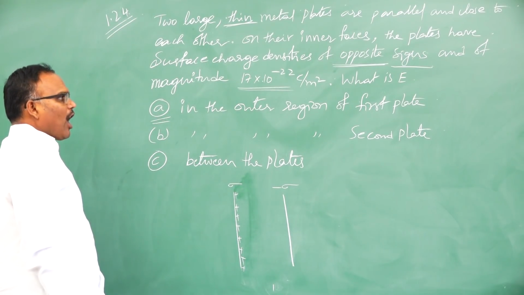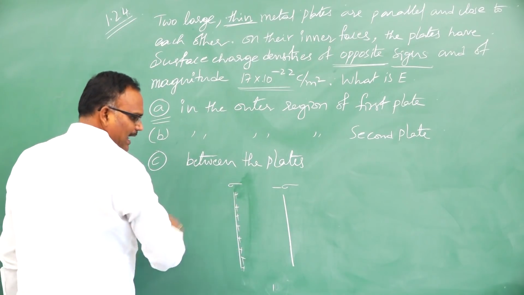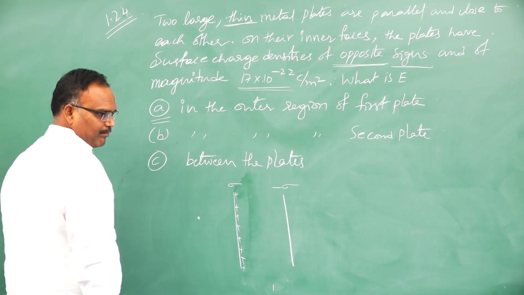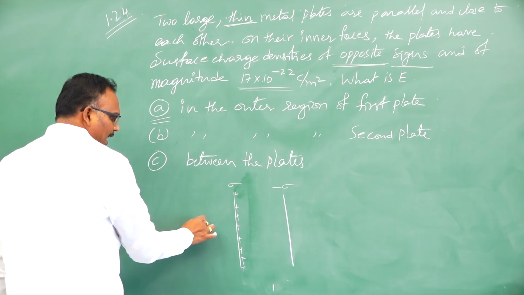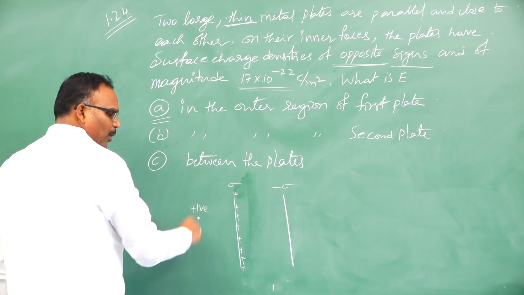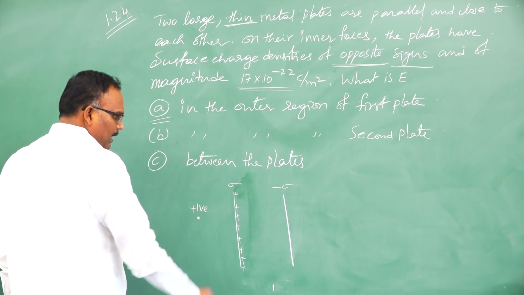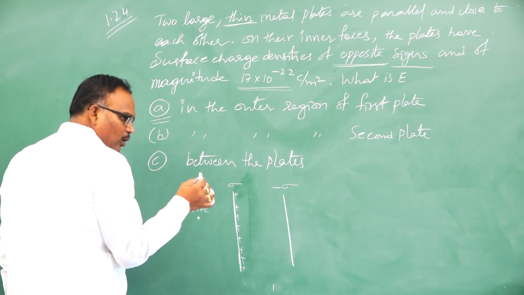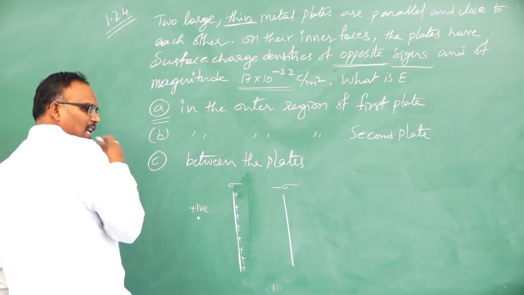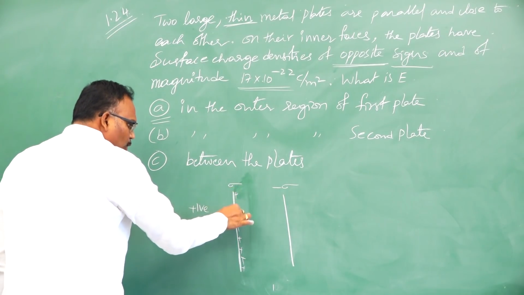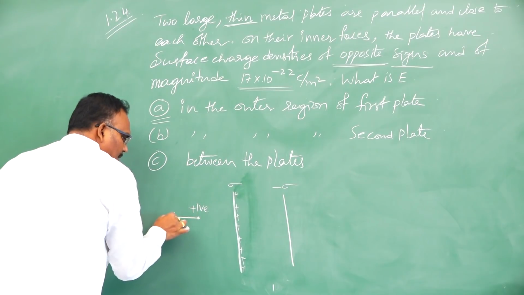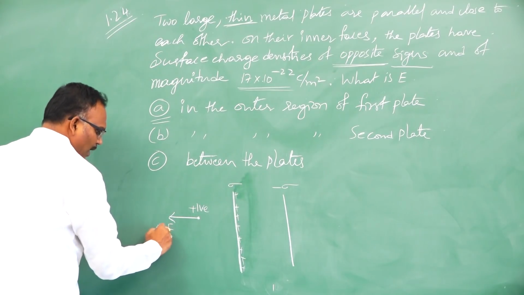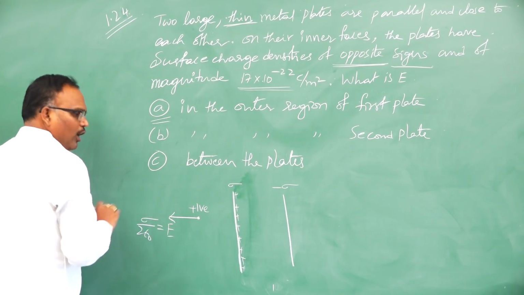In the outer region of first plate, if I take this is the first plate, then I have to select a point here. This is outer region of first plate. Wherever I want to calculate electric field, there I have to imagine unit positive charge. Electric field is always from positive charge to negative charge. That means electric field due to positive plate is outwards. So this is electric field due to positive plate. This value is sigma by 2 epsilon naught, we have already learned.